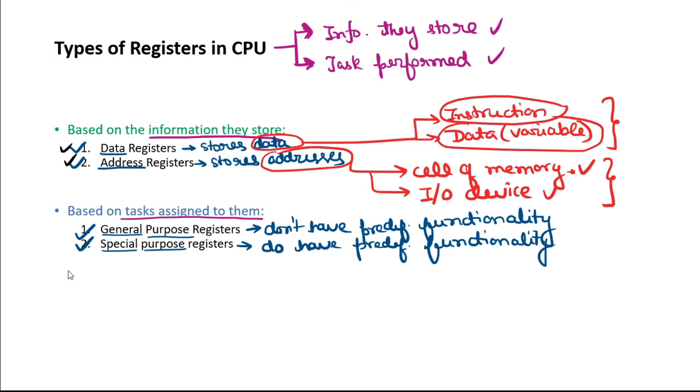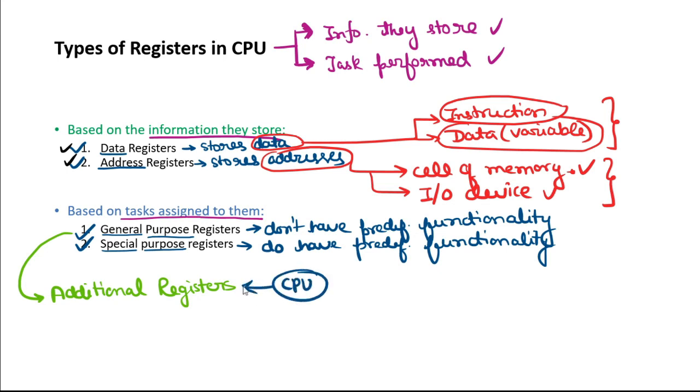Okay, one way to visualize general purpose registers is they are kind of additional registers that are present on the CPU, and the CPU defines the task or gives the task to these additional registers on the go based on the requirement.